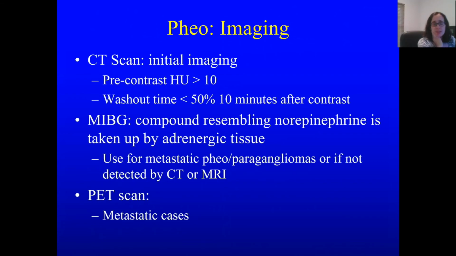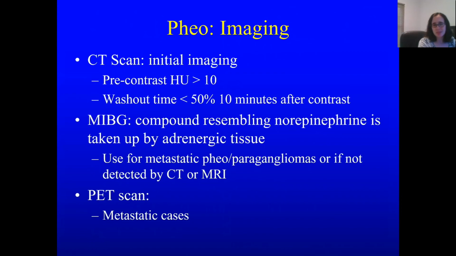So in terms of his imaging, his initial imaging, it was a hyperintense mass, but it shows a pre-contrast Hounsfield units greater than 10. Washout time was less than 50%. On MIBG, that's a compound resembling norepi that's taken up by adrenergic tissue.